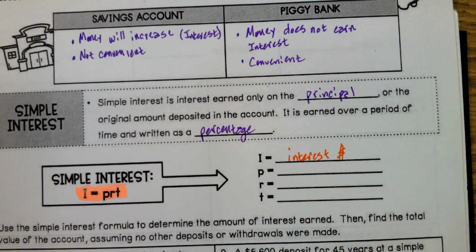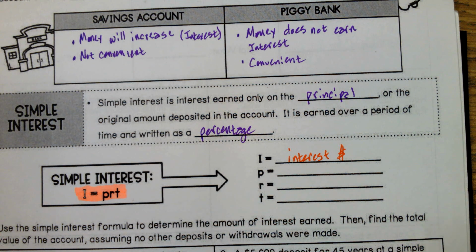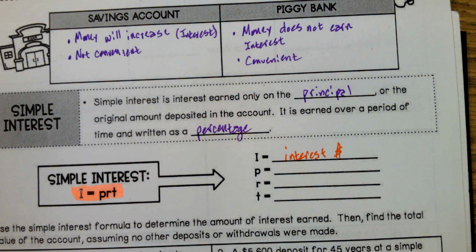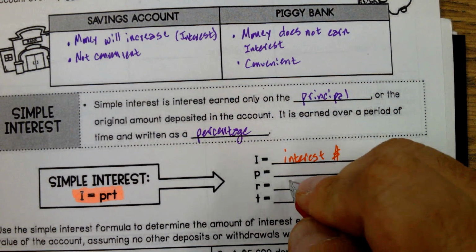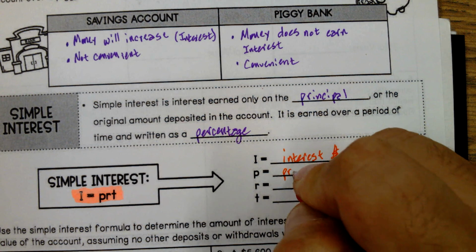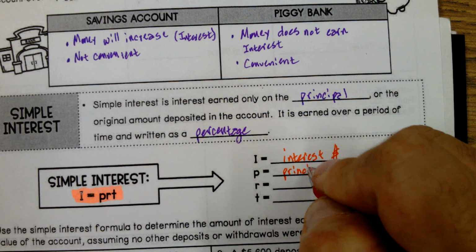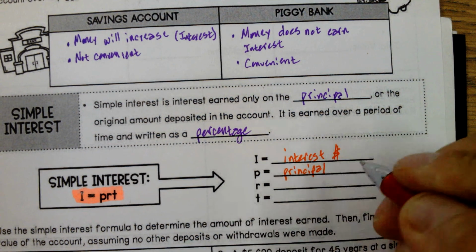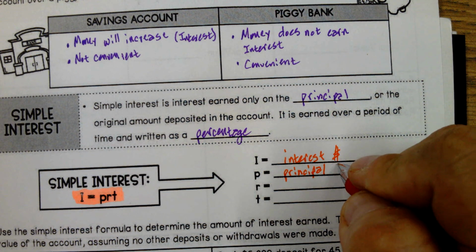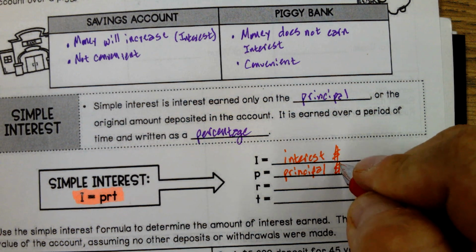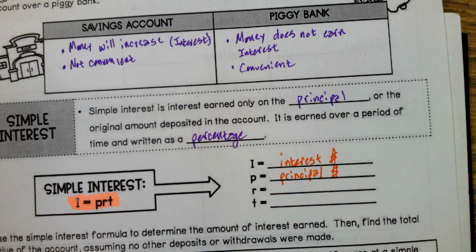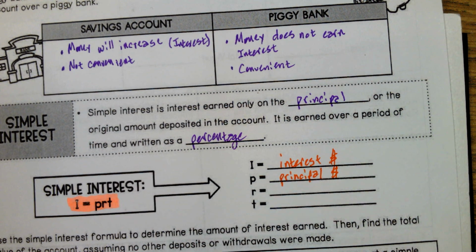It's a dollar amount that you either earn over some time or have to pay over some time. P is for principal. And that's also money. So each of these are money, but we already talked about principal.